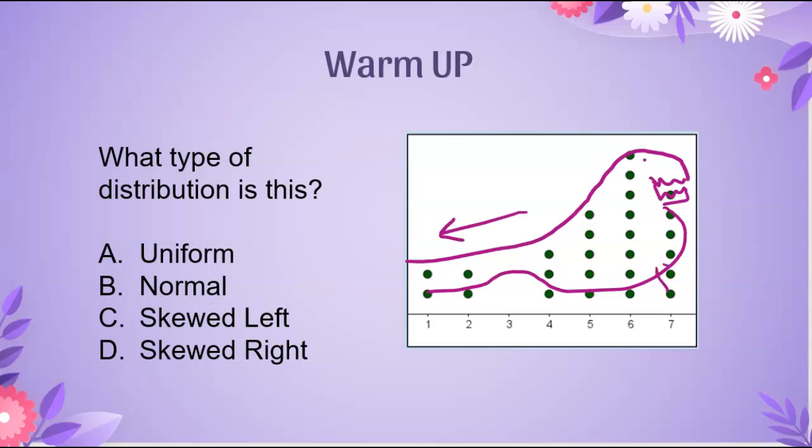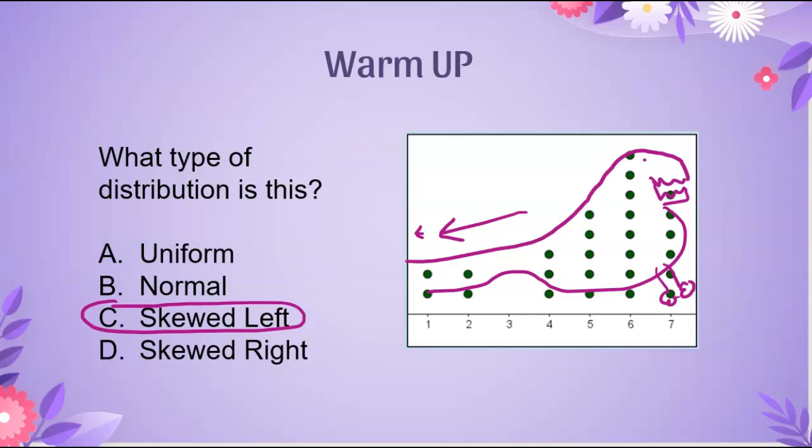So if all the data is clumped to the right, we call it skewed left. It's the total opposite of where the data is all clumped up, because the tail is pointing to the left. So we call this a skewed left distribution.